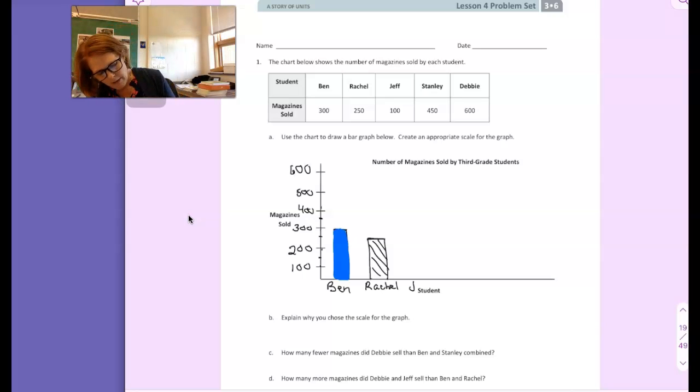Next is Jeff. I'm going to squeeze Jeff right here on top of the word student. Jeff sold 100, so I'm going to kind of eyeball right where 100 is and come across and draw my line there and then draw the bars coming down. And there's Jeff's bar. Next is Stanley.